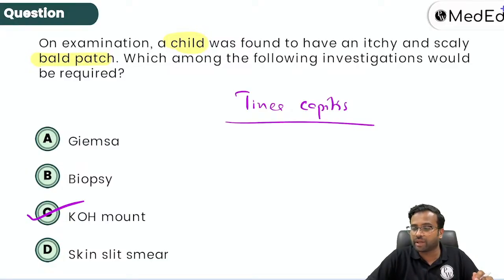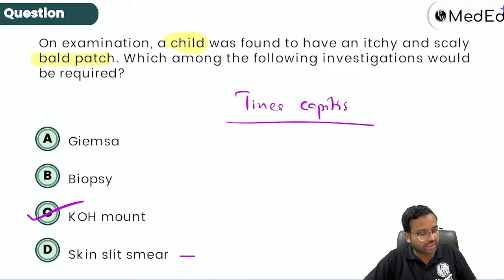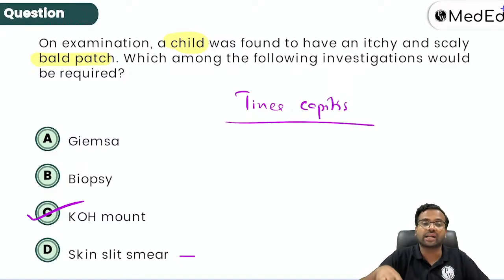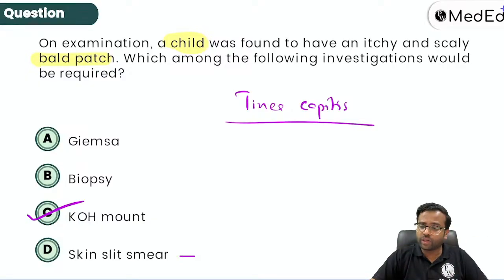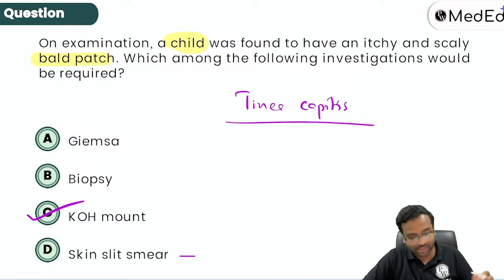Can anybody tell me in which disease we are going to do this investigation called a skin slit smear? Any idea? In which condition do we do a skin slit smear? Anyone quickly in the chat box, please. Excellent.